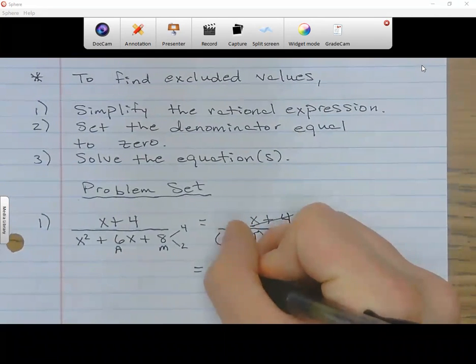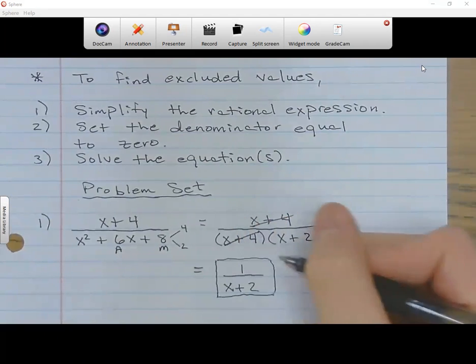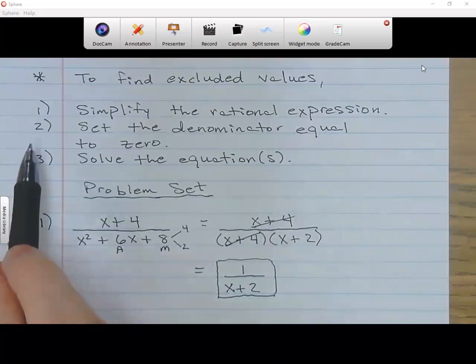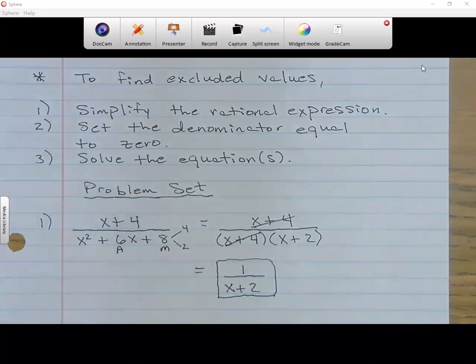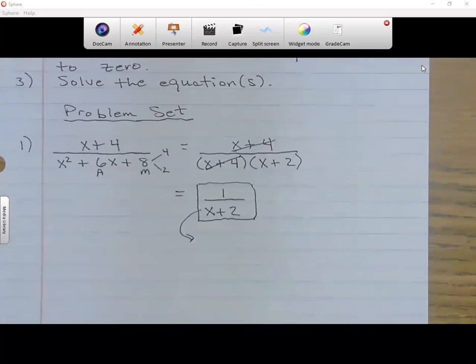All we did was we factored the top, we factored the bottom, and we canceled out common factors. So now I'm going to do step 2. I'm going to set the denominator equal to 0. The denominator is always going to be the bottom of the fraction. So I'm going to take this right here and set it equal to 0.